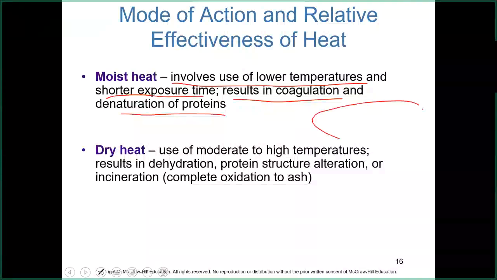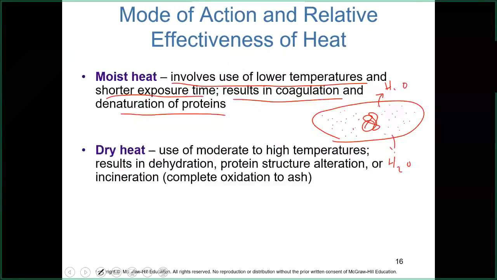So let's say this is a cell. Here's its nucleoid. And these little dots are soluble enzymes that are floating around in there. If you apply heat, you'll drive off some water. So there'll be some water loss occurring.